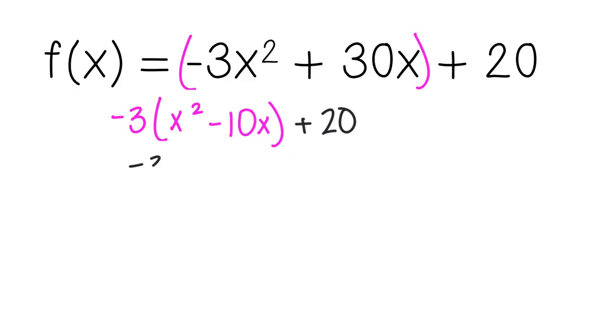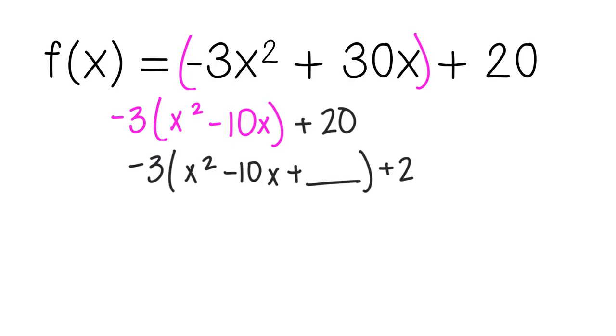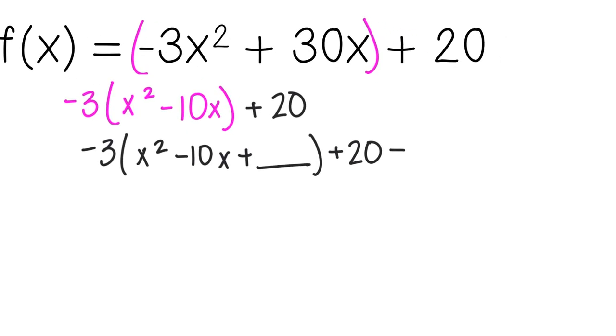I have -3, x squared minus 10x plus blank, plus 20 minus what? -3 blank. Remember, good, you have to multiply that -3 times that blank.